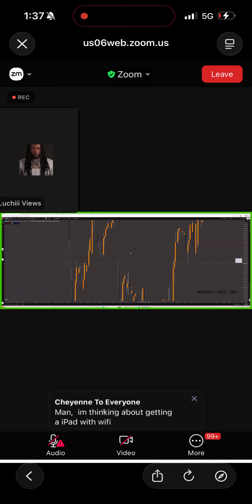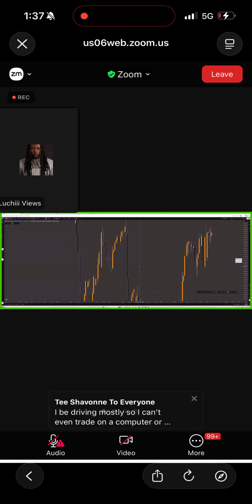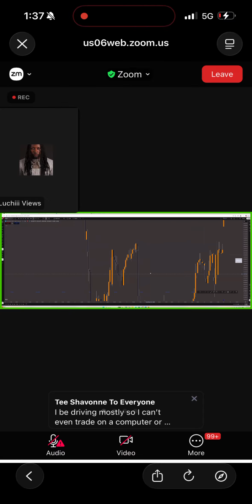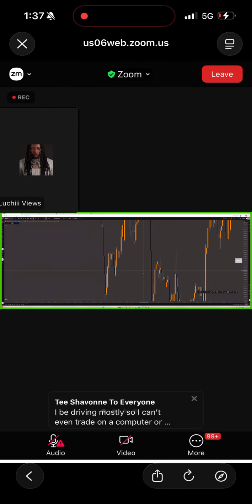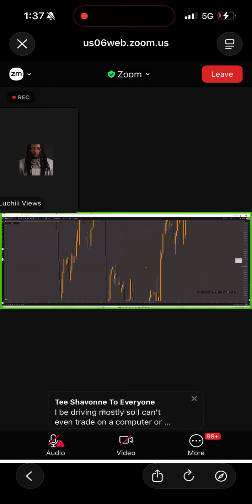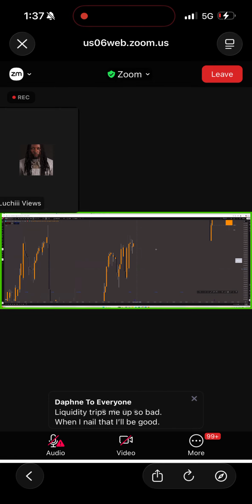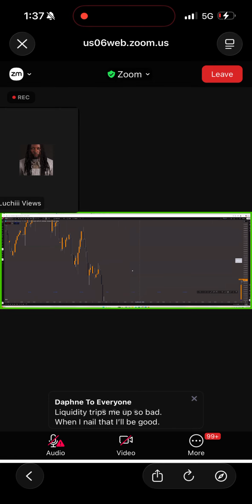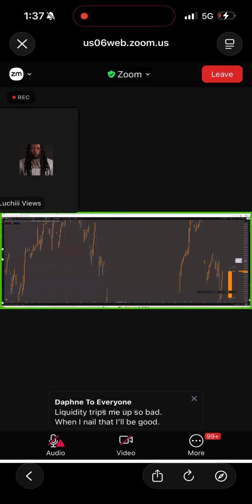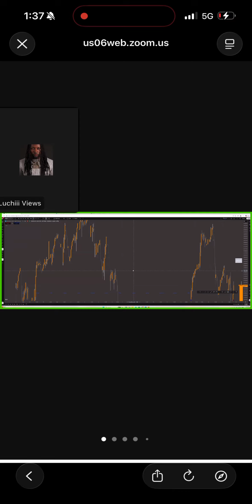I want to find an example of an actual price tap into an actual gap. Matter of fact, what was the one that I just showed not too long ago? I think it was on a 4 hour.